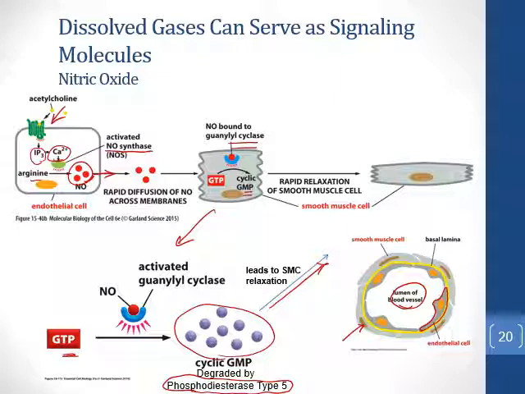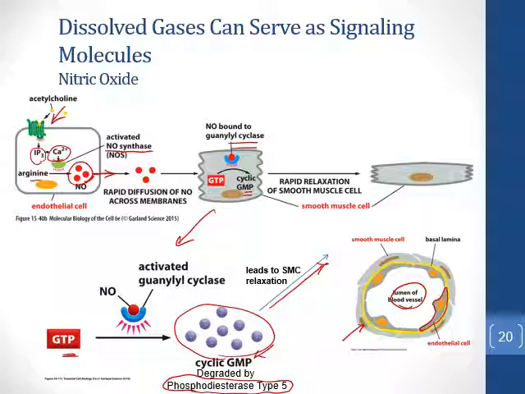So by inhibiting phosphodiesterase type 5, you maintain relatively high concentrations of cyclic GMP. The high concentrations of cyclic GMP lead to an increased diameter of vessels in the penis.